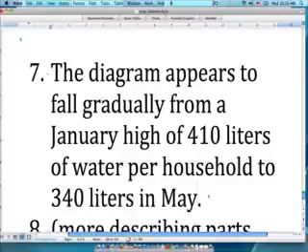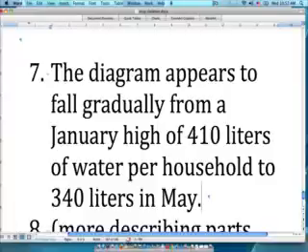Okay, the diagram appears to fall gradually from a January high of 410 liters of water per household to 340 liters in May. And we don't need to talk about all the details for February, March, April, because they follow the same pattern. They're all going down into May.